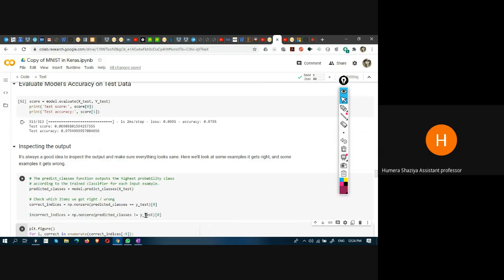The actual. The starting one we have given Y test. So Y test has all the classes. So we compare the predicted class with the actual class, and check where predicted class is not equal to actual class.